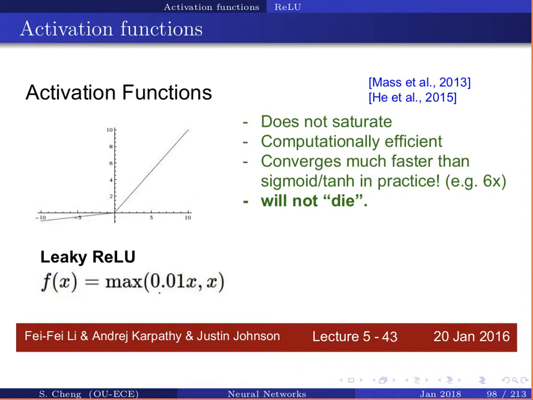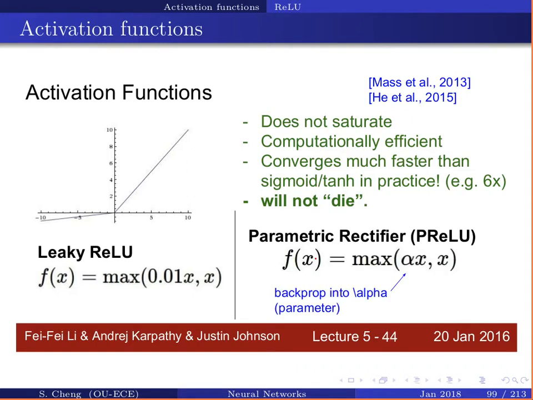For example, instead of max(0, x), I have max(0.01x, x). It's kind of nice: now it won't be saturated, it's computationally efficient, and most importantly, you can always pass through some information.